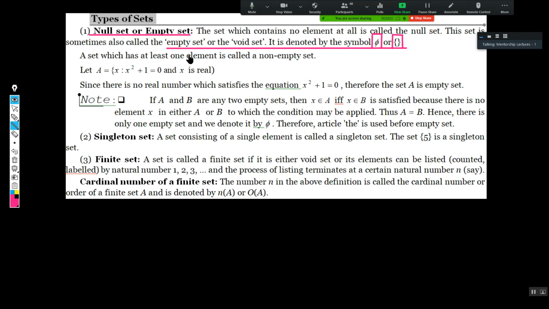A set which has at least one element is called a non-empty set. What does it mean? For example, take the number of students who are appearing for NATA.